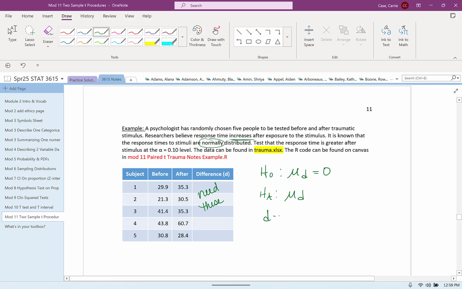So I'm going to say D is equal to, we want that after is bigger than before. So we want after minus before should be greater than 0. So mu sub d is greater than 0, where my differences are after minus before.